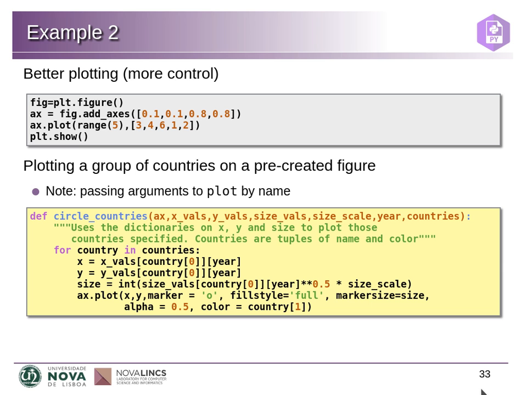Then we have this size scale for the circle because we need to adjust the scale because the circle may be in millions or thousands of millions, or there are indicators that have very different ranges of values, so you need to scale that. And then we specify the year we want to plot and which countries we want to plot. Now, these countries need to have two types of information.